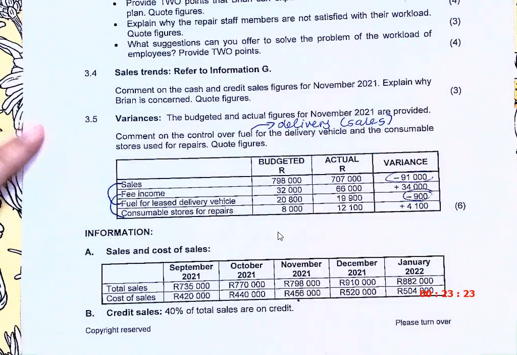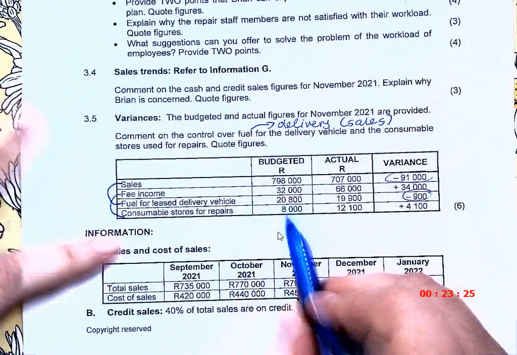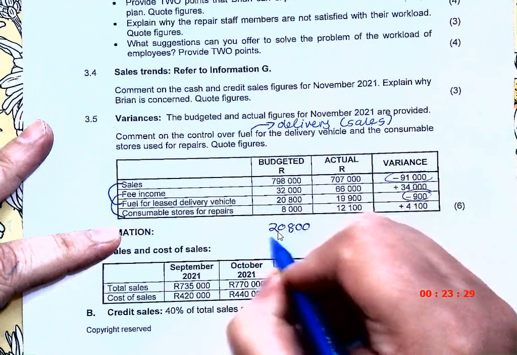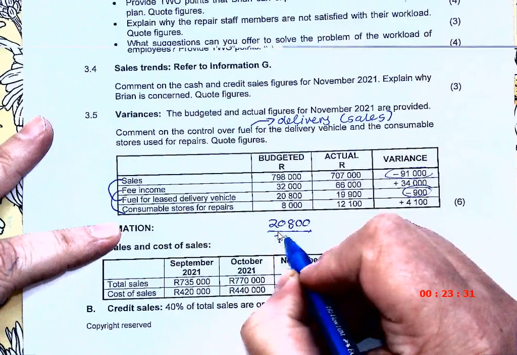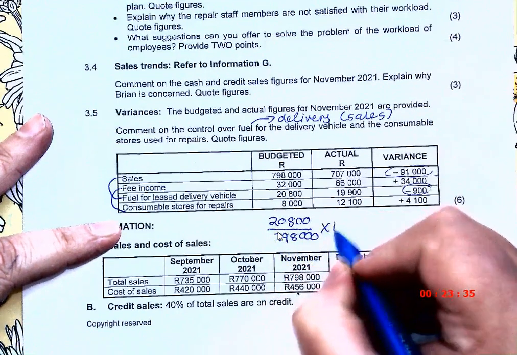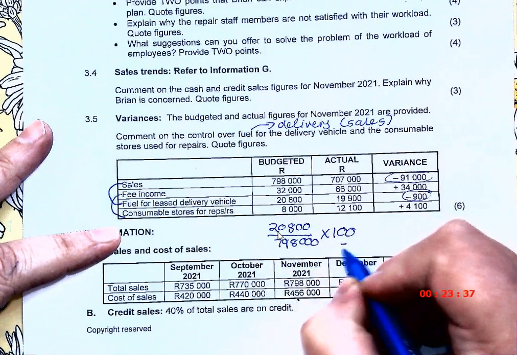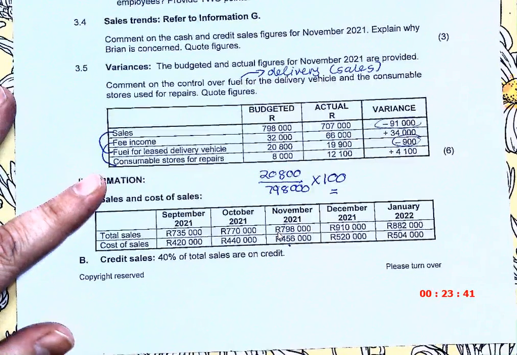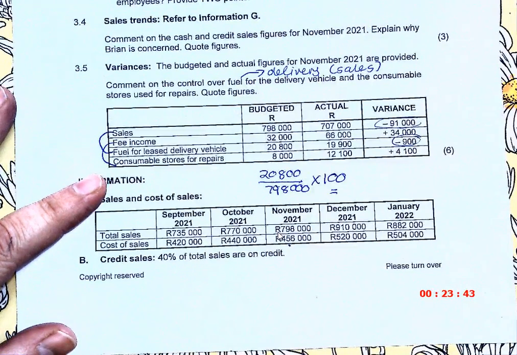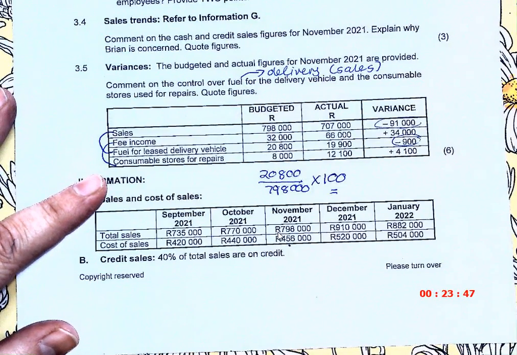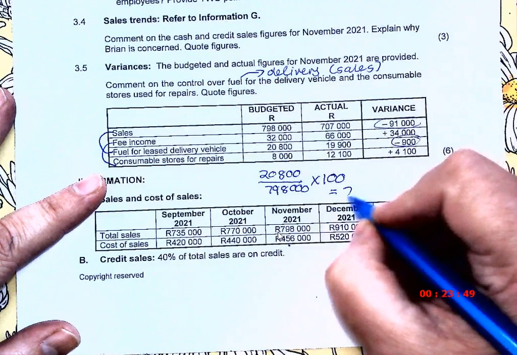So I'm going to say 20,800 divided by 7898 as a percentage gives me 2.6%.